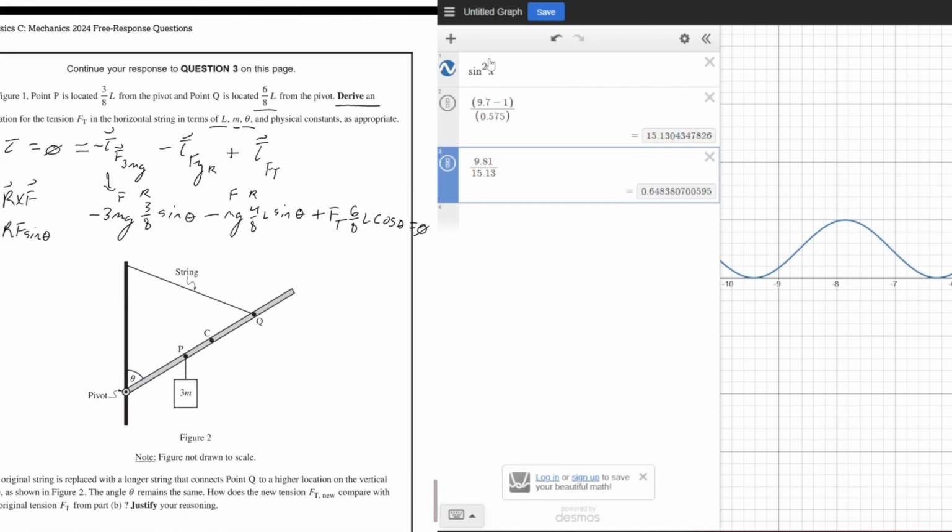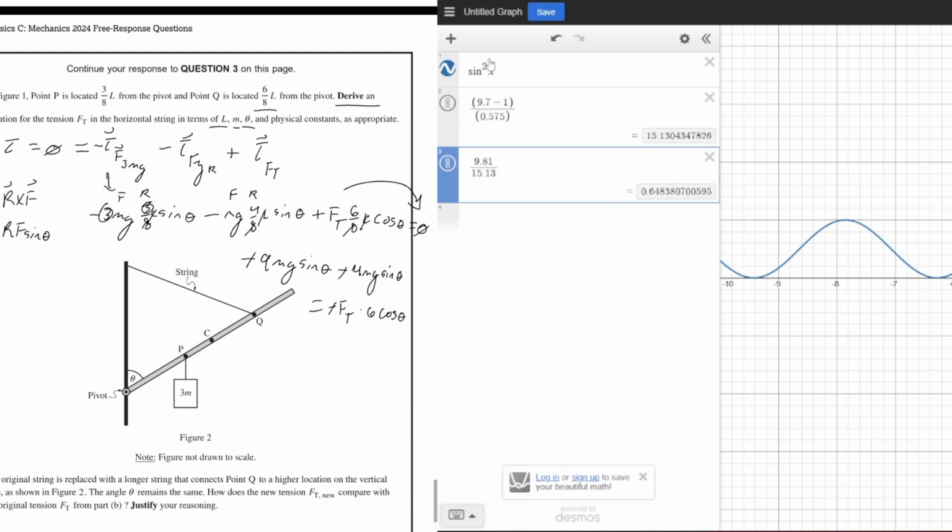So now we're going to cancel what we can. Here's L, sorry. Cancel L, cancel L, cancel L, cancel 8, cancel 8, cancel 8. So now we get negative 9mg. If you wonder where the 9 came from, okay, 3 times 3, that's it. 9mg sine theta minus 4mg sine theta. Oh, I'm going to set this on the other side. I'm going to move this to where the 0 is, equals negative Ft, the 6 canceled, times 6 cos theta.